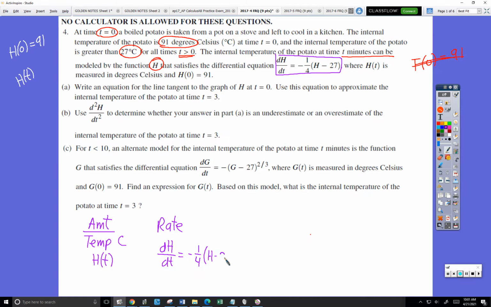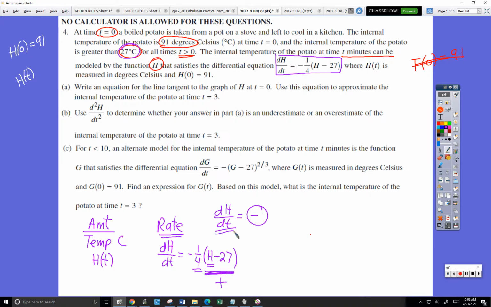I guess that would be important. They said that the internal temperature of the potato is always above 27. So H is always above 27, which means H minus 27 is always positive, which means multiplying by negative, we know that dH/dt is always negative, which makes sense.